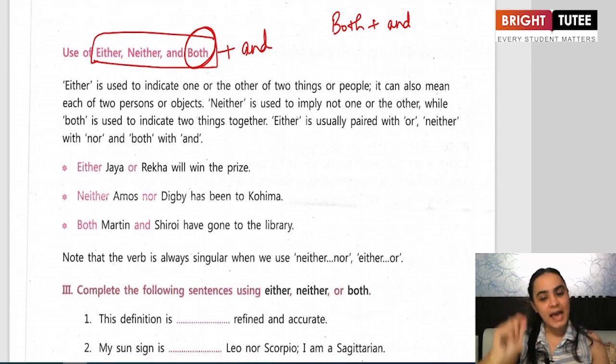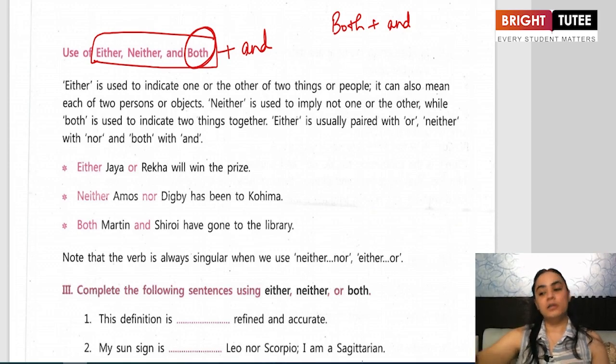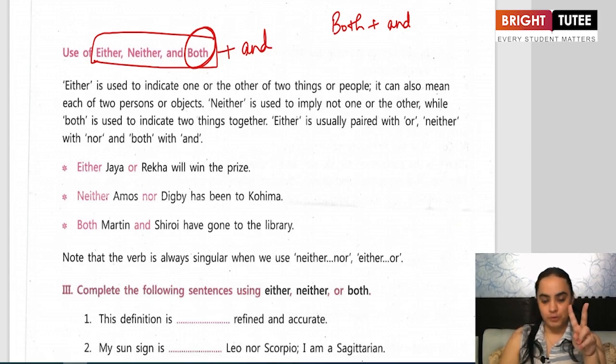Both me and my brother are going for a movie. Both Ram and Ramesh are planning to take this exam. Both Hindi and English are my favorite subjects. So when there are two options and you consider both of them, that is when we use both and.